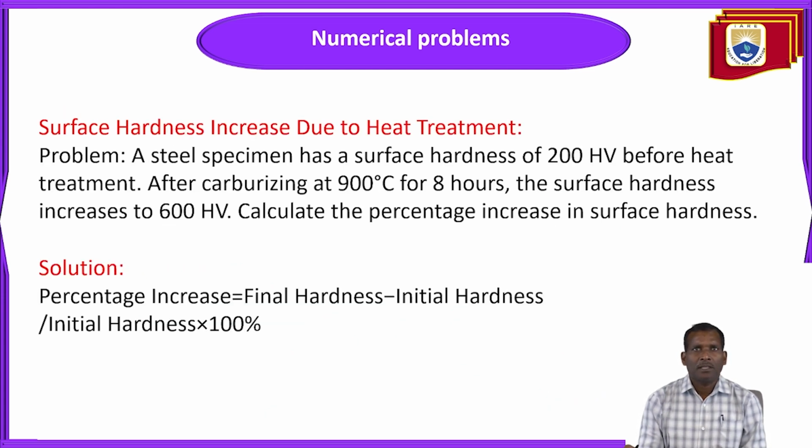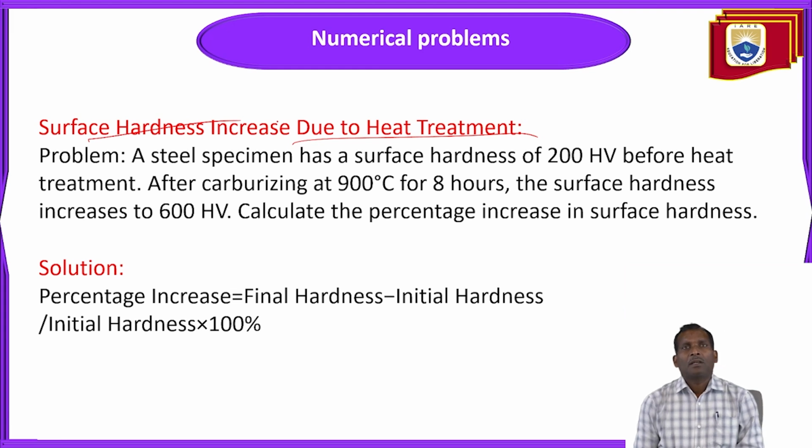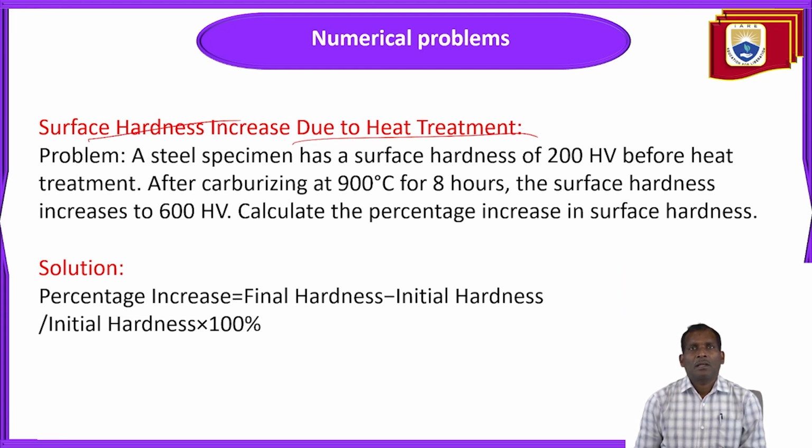Surface hardness increase due to heat treatment. Based on this heat treatment, the surface hardness, the problem here is given: the steel specimen has a surface hardness of 200 HV before heat treatment.